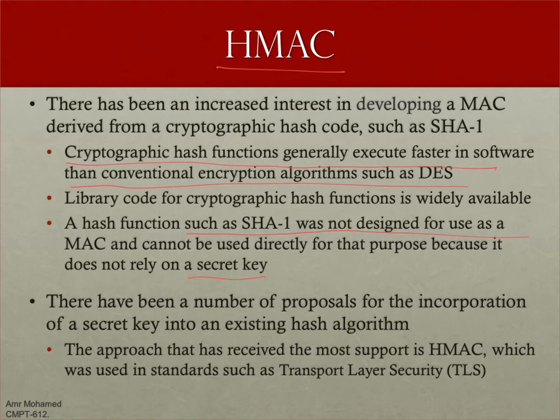So there have been a number of proposals for incorporation of a secret key into the existing hash algorithm. For that purpose, they said, okay, we can incorporate a key with the hash. And as we discussed before, this can be done in 3 different ways.